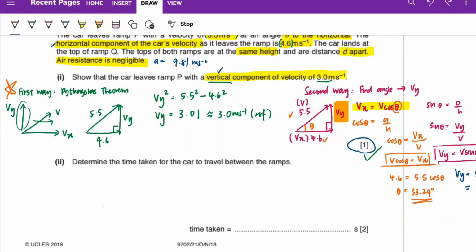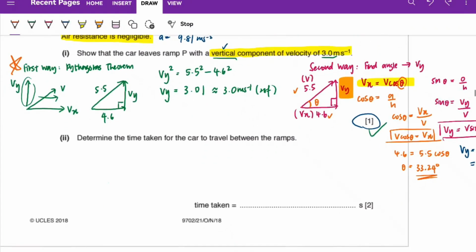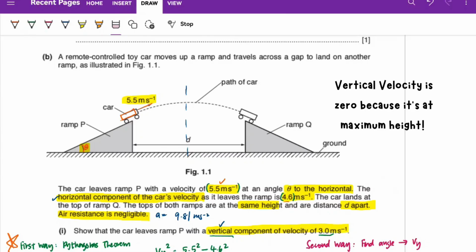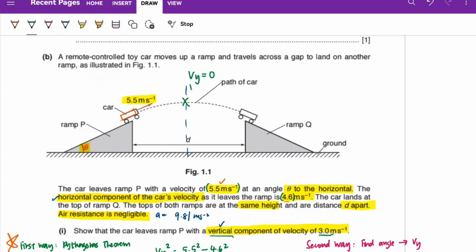Now, Roman 2. Determine the time taken for the car to travel between the ramps. Okay. So now, what information do we have? We know at this point our vertical velocity is 0. However, our horizontal velocity is still 4.6 meters per second, because horizontal velocity is constant throughout the motion.